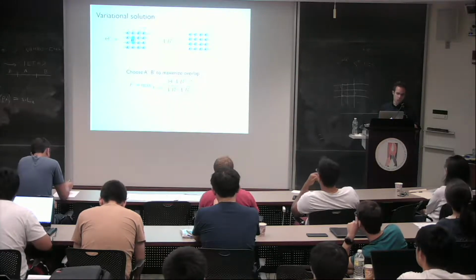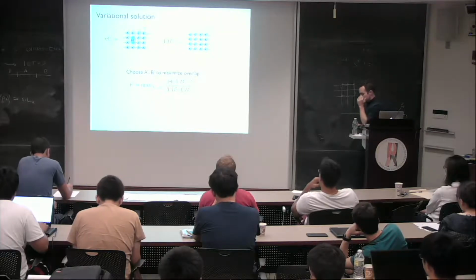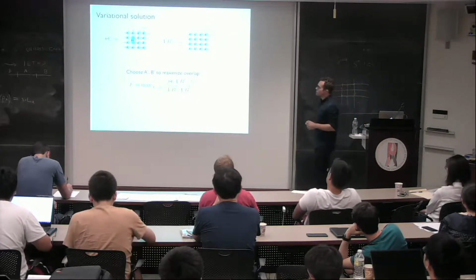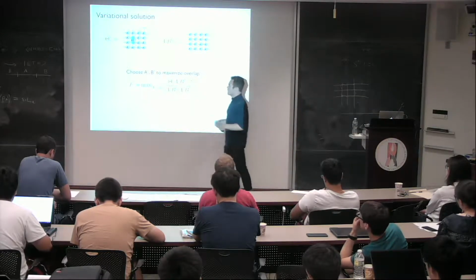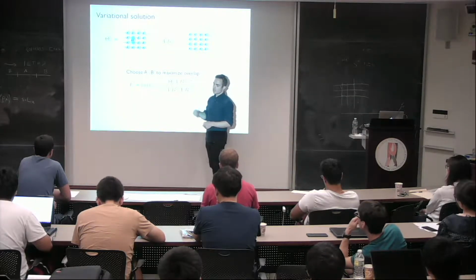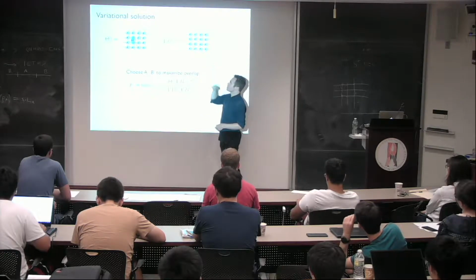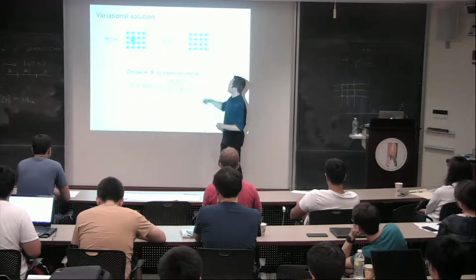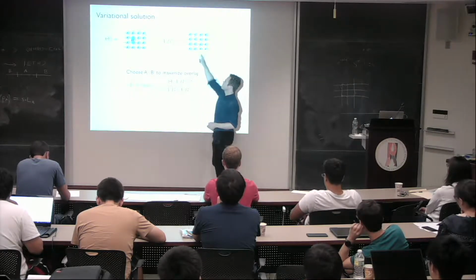Okay, so what in principle is the right thing to do? Regardless of whether it's doable or not, let's figure out what the right thing to do is. Well, we should phrase it as a variational problem. I have the state of interest on the left, which I got by applying the two-site gate, and I'm trying to approximate it by another PEPS, where all I'm doing is modifying the two tensors there, an A prime and a B prime.